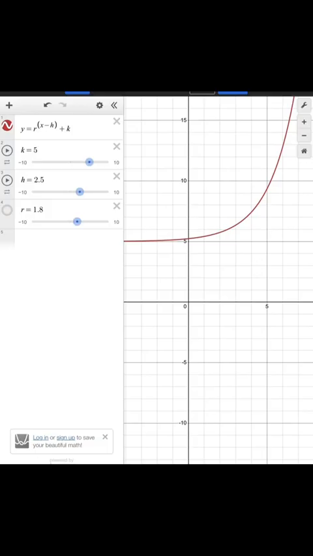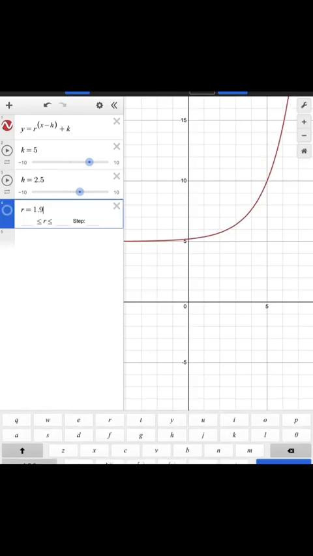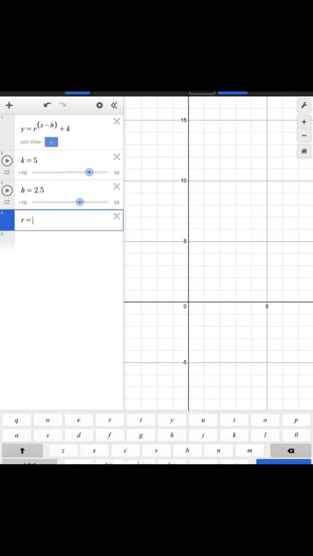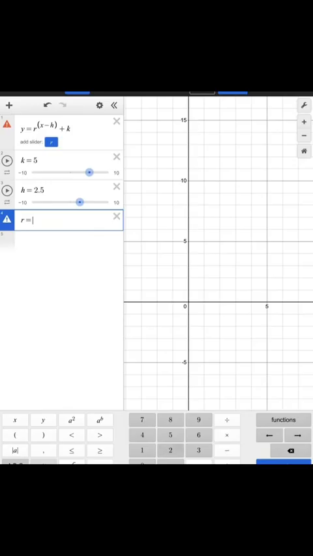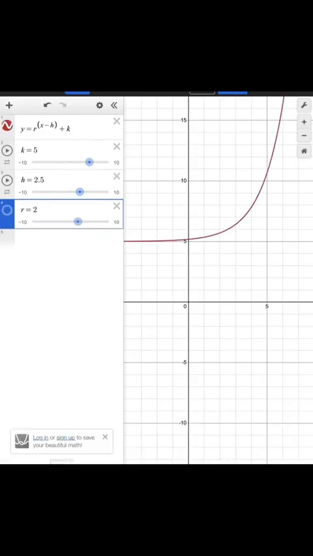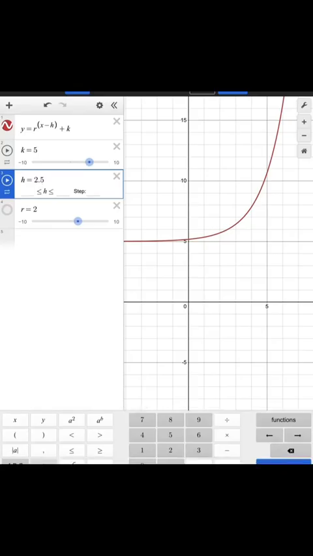All right, so if we go with that example, let's say we have r is equal to 2. And if we shift it to the right 2 units, then our h value is going to be 2.